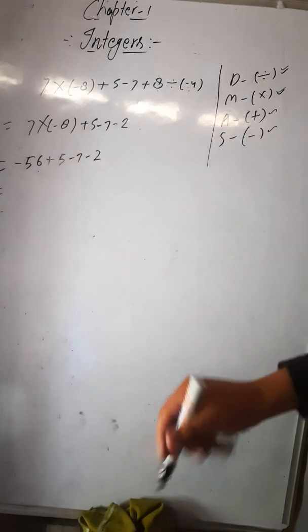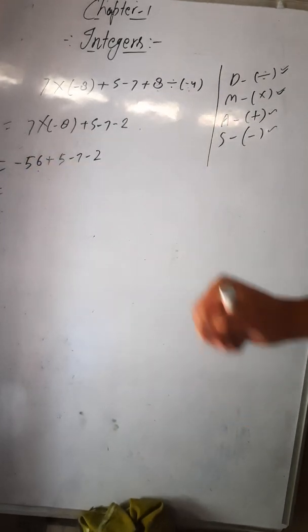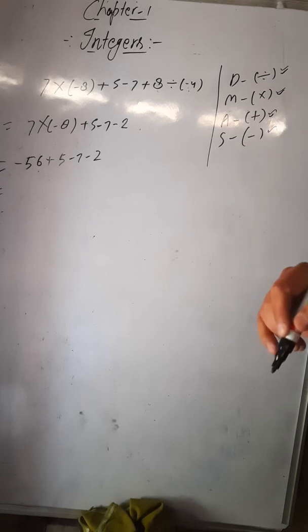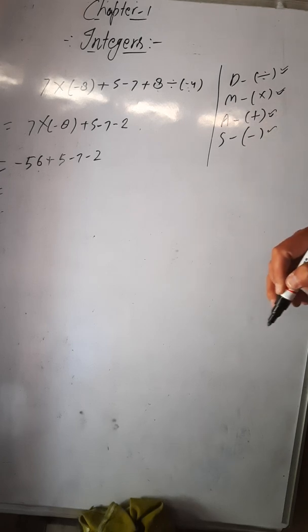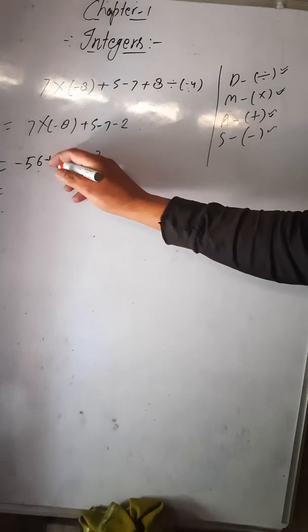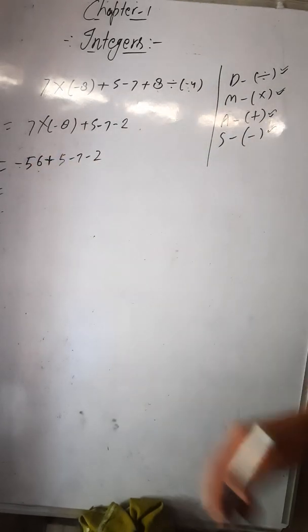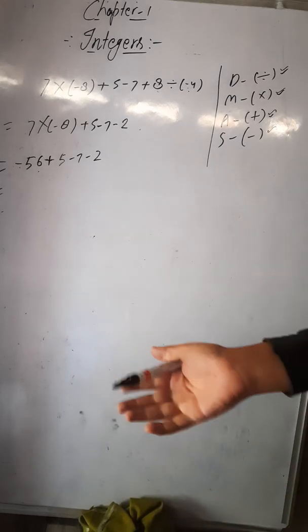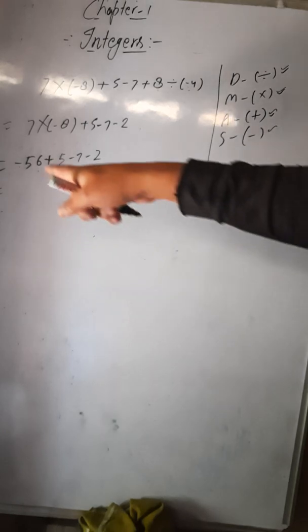Okay dear, this we have done. Now addition and subtraction, we will do together. Now you can see here minus plus. You have studied this in the previous class, how to add and subtract the integers.